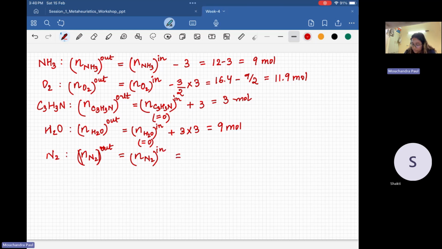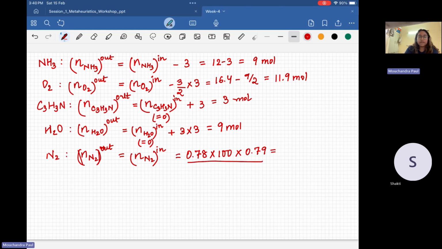So we will basically apply the fact that 79% of the air is N2. So for 78 moles of air in the feed, 79% is N2. Okay. So this is how I wrote this particular expression.